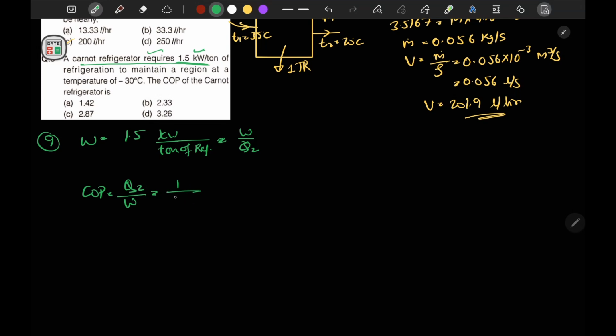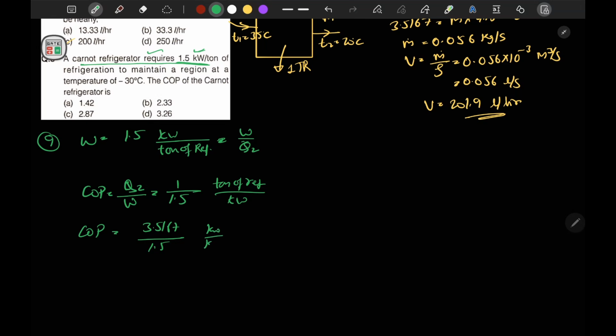So we do 1 upon 1.5, and this will be ton of refrigeration per kilowatt. Now we have to maintain both units the same, so we can write 3.5167 divided by 1.5.